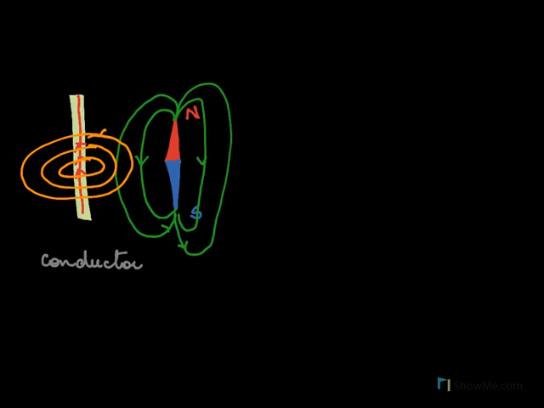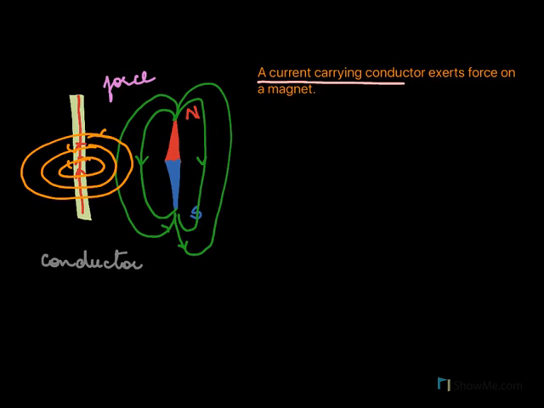So now we have two magnetic fields interacting with each other, and because of this, there is a force produced, and this force pushes the compass away from its north-south direction. So we can say a current carrying conductor exerts a force on a magnet.